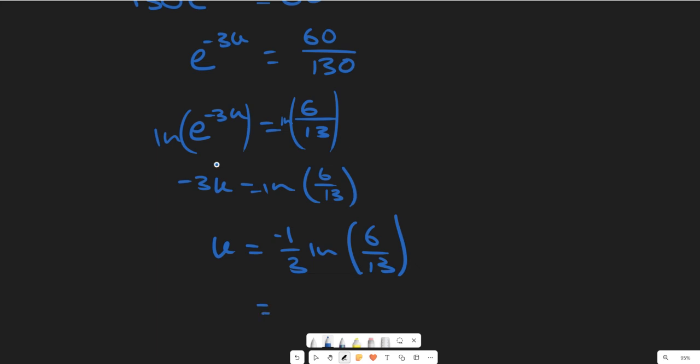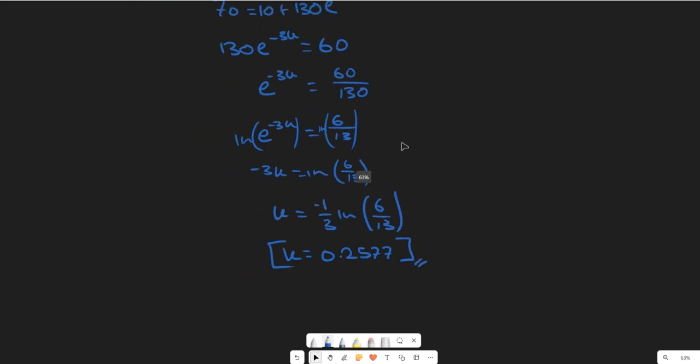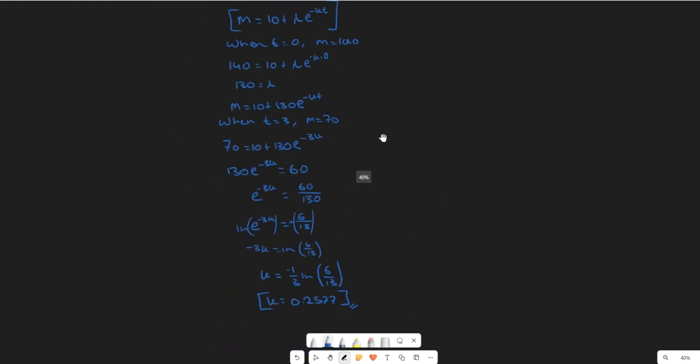And putting that in my calculator gives k to be 0.2577. Okay, now that's our k. Cool.